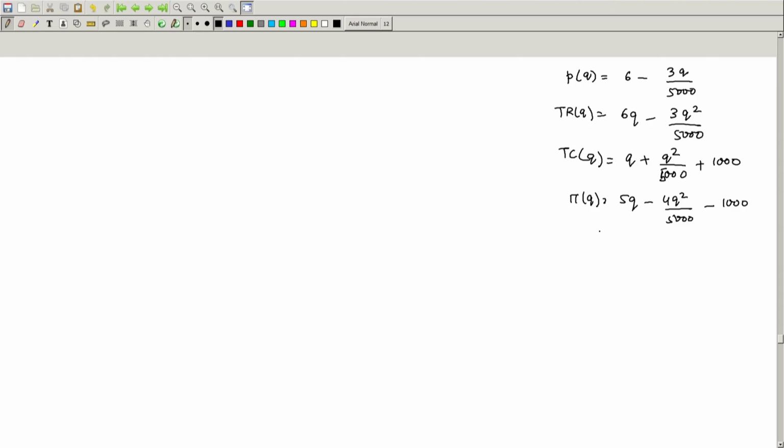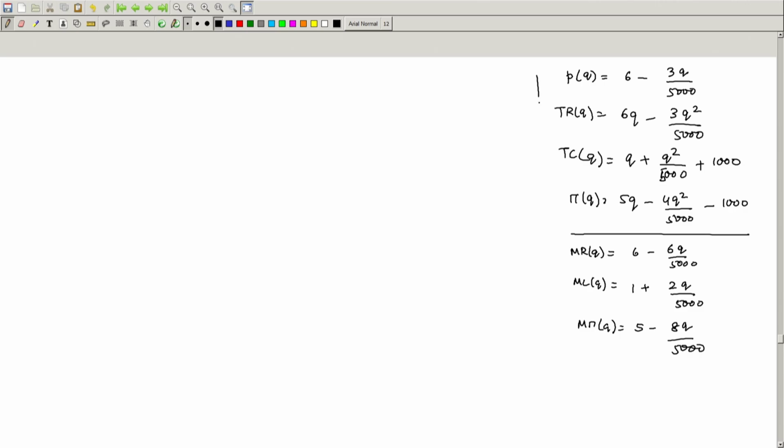The corresponding marginal terms are also with us: marginal revenue is 6 minus 6Q by 5000, marginal cost is 1 plus 2Q by 5000, and marginal profit is 5 minus 8Q by 5000. So, this information is with us.